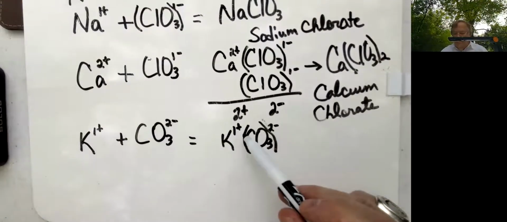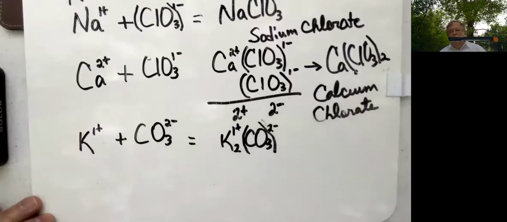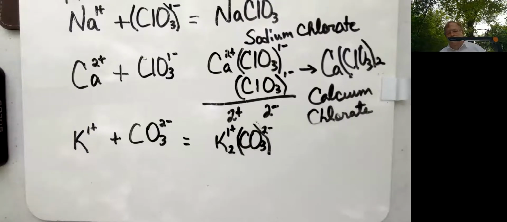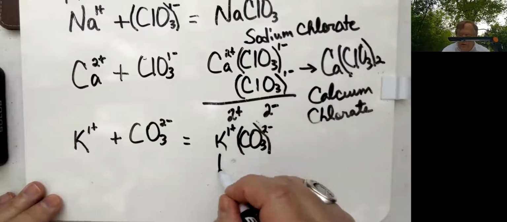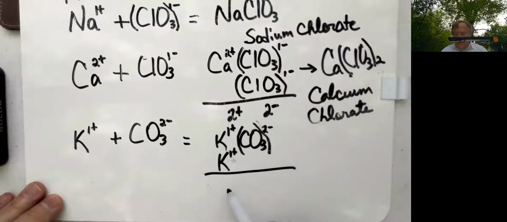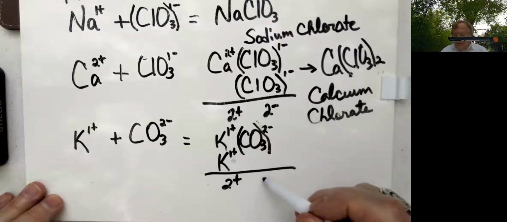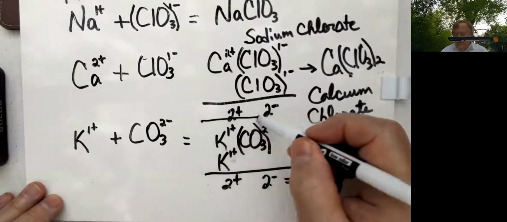You can say +1 and -2, so let's put a 2 right there. Or, if it's going too fast, we could say this. And that adds up to +2, and this adds up to -2, which is equal to 0.